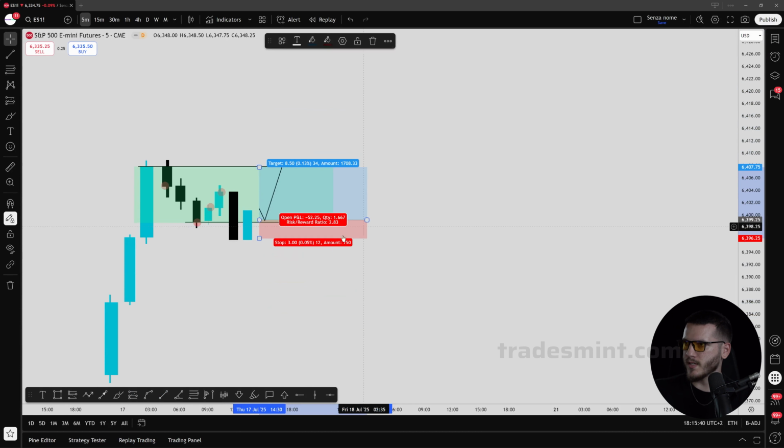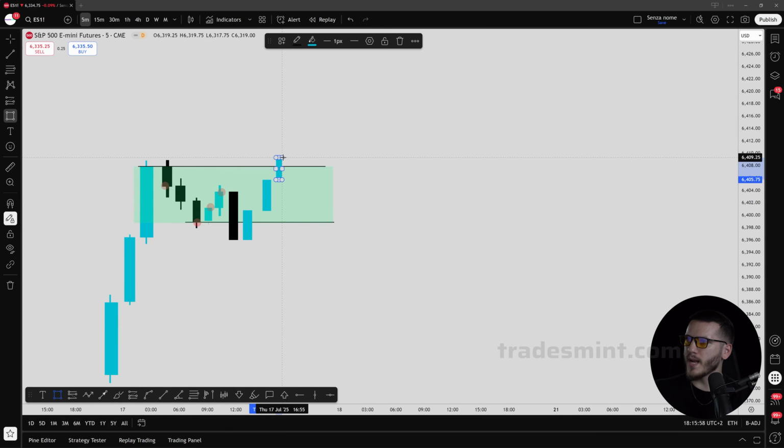As you can see, if we go to the other side, it's going to be at least 1 to 3 risk to reward. And if price then breaks out of this, so we have a candle closing above here, our next setup is a continuation setup. So a test on this area, or a buy as soon as these candles close outside.